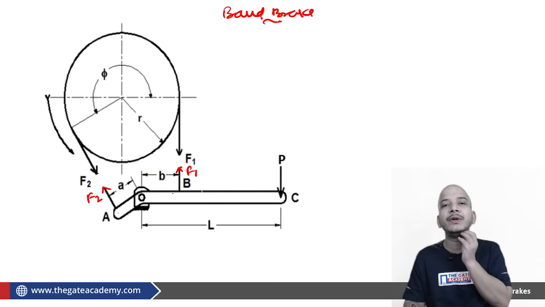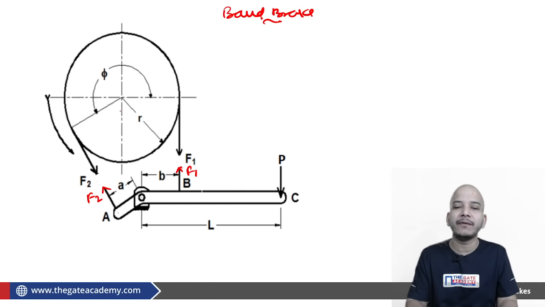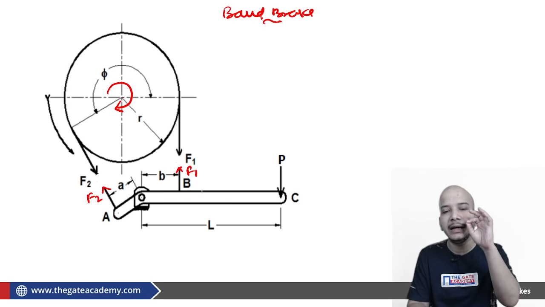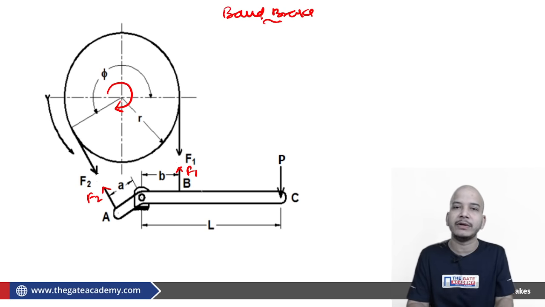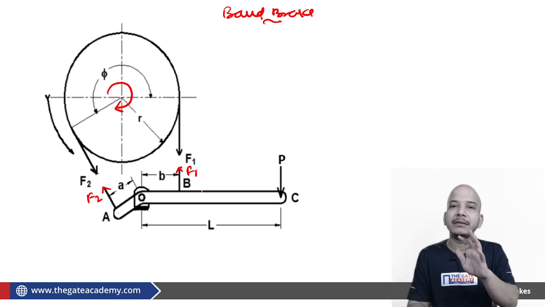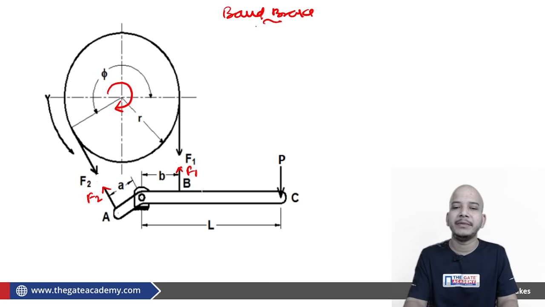I'm not saying which of the two is greater, F2 or F1, because it will depend upon the direction of rotation. Say if the rotation is in the clockwise direction, then it is mandatory for you to get a net anti-clockwise torque, or else it is not possible to apply the brake on the body. The tension itself will decide it, and F2 will become greater than F1 if clockwise rotation is there.